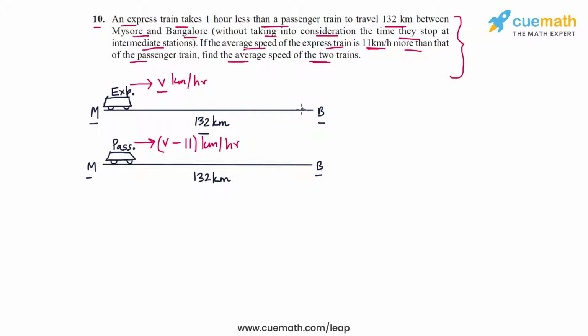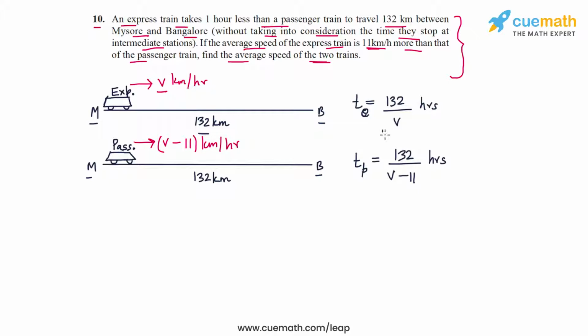Now this means that the express train will take a total time of 132 kilometers, the distance, by the average speed, which is v, so these many hours. And the passenger train will take the same distance, 132, by the average speed v minus 11, these many hours.